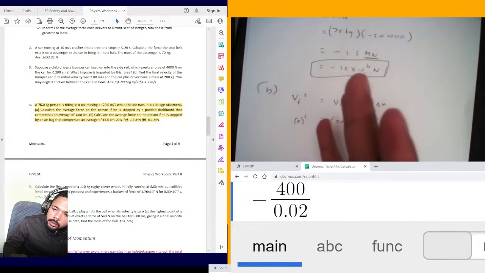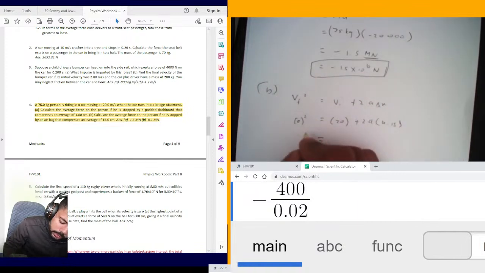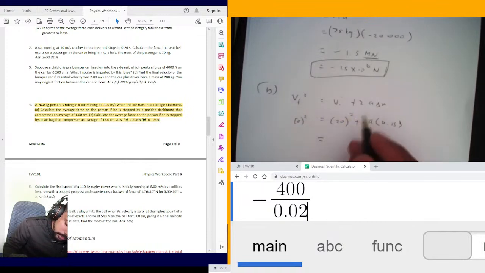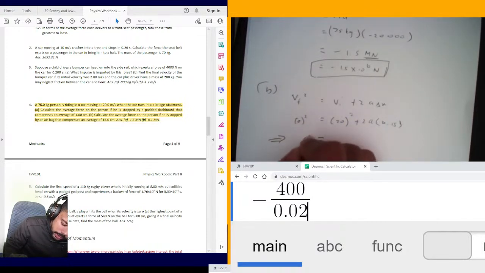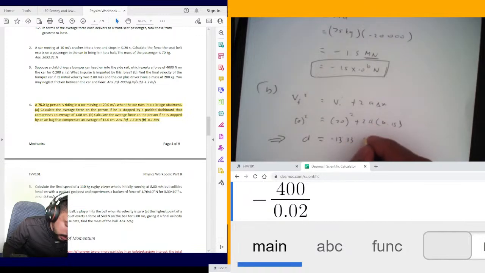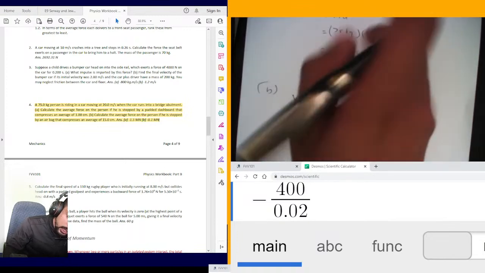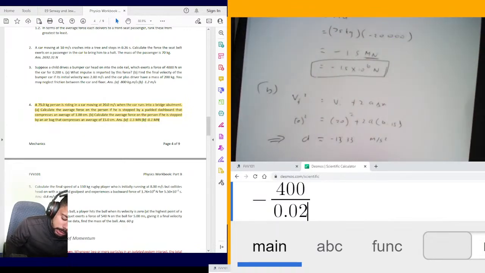So the airbag is compressed more than the dashboard. Therefore the acceleration is equal to negative 1,333 meters per second squared, which is much less than that negative 20,000, which means the acceleration is less, so the force will be less.